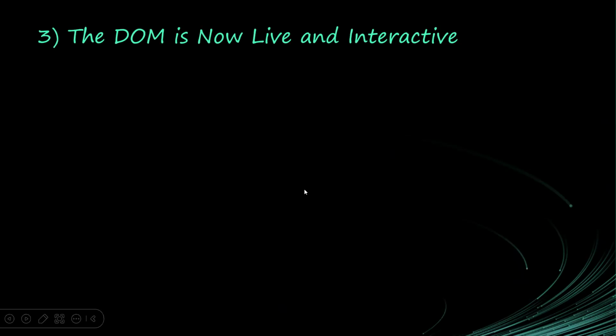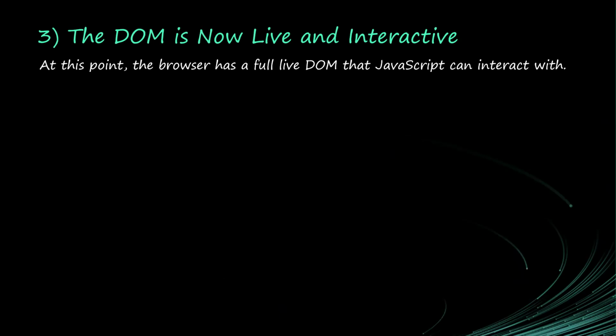So the browser has loaded your web page, parsed it and created the DOM. Now the DOM is live and interactive, waiting for JavaScript, or waiting for you as the developer, to do whatever you want to do with it. At this point, the browser has a full live DOM that JavaScript can interact with.